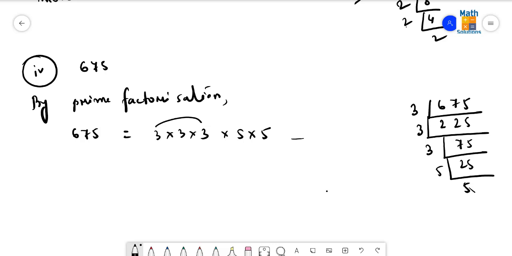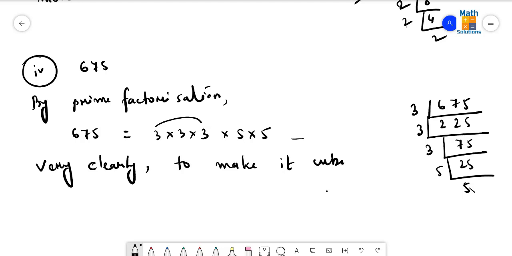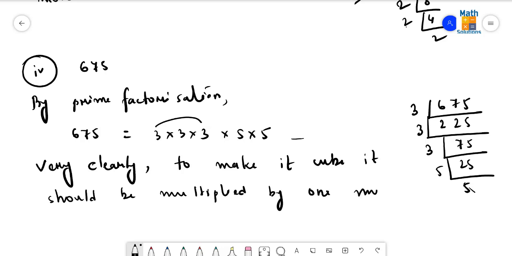Very clearly, to make it a cube, it should be multiplied by 1 more 5, and this is the required answer.